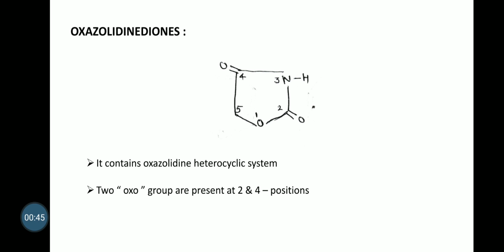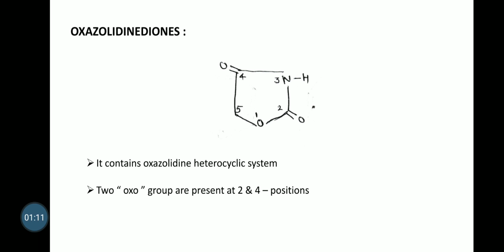If you see the structure properly, you will see that an oxazolidine heterocyclic ring is present. Oxazolidine means oxygen and nitrogen heteroatoms are present at the first and third positions, and in the absence of a double bond, we refer to such a five-membered ring as oxazolidine.